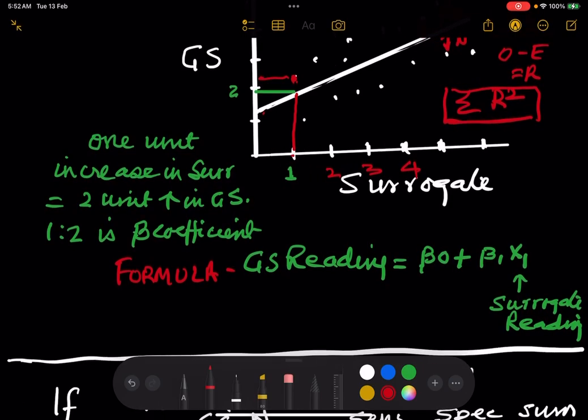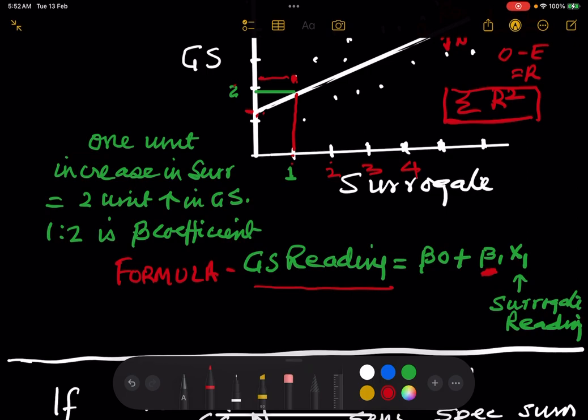If you want to use a formula instead of this graph, then the gold standard reading will be equal to some value, plus the incremental increase in the gold standard on the y-axis as the surrogate moves by 1, which is the beta coefficient.